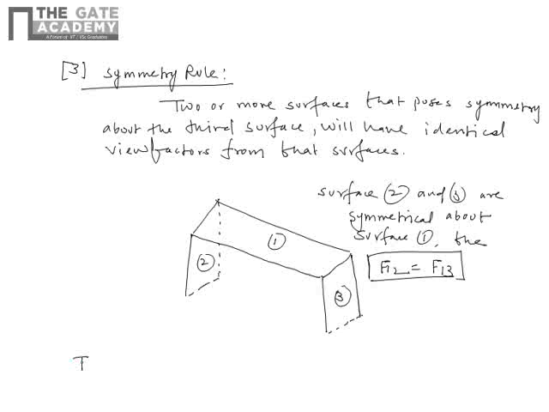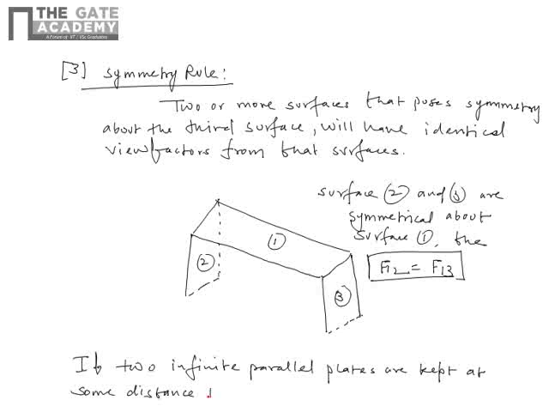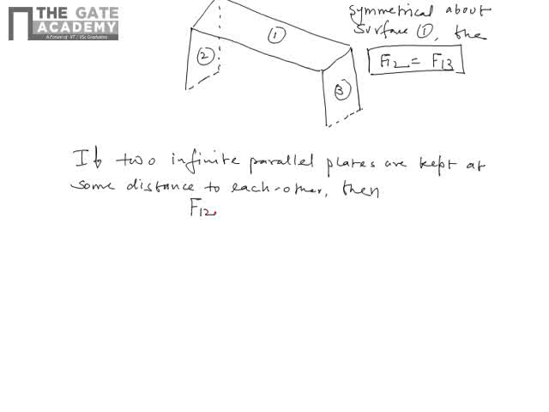If two infinite parallel plates are kept at some distance to each other, then the view factor of 1 to 2 is equal to the view factor 2 to 1 is equal to 1.